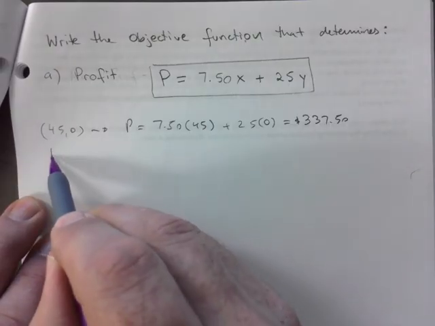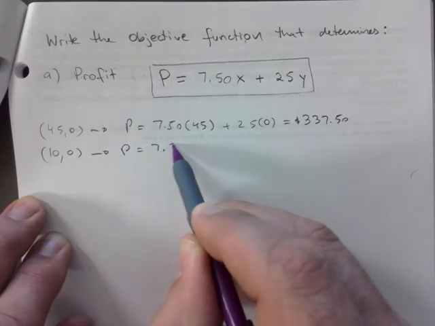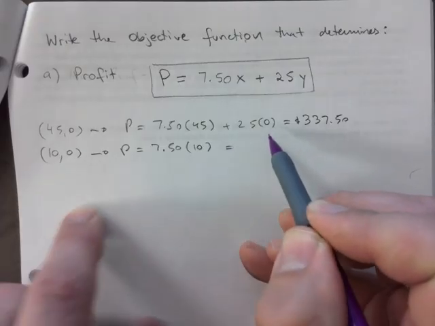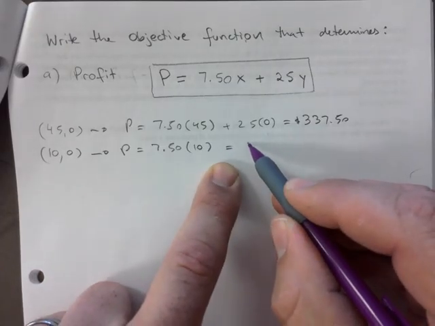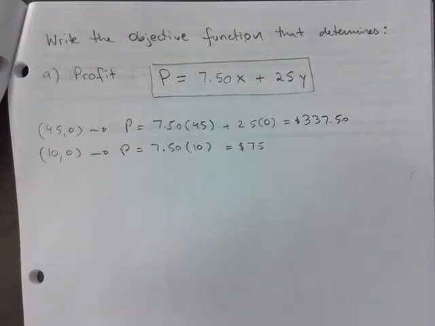Then you take the next one, 10, 0. Plug that in. I'm just going to worry about the 10. I'm not going to bother with the 25 times 0 part. So that would be $75. So far 45, 0 wins. Okay, gives us the highest profit.